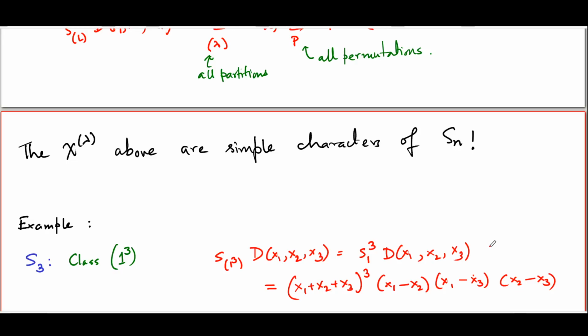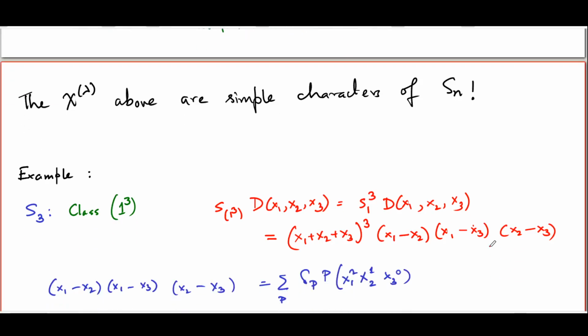So let us now work this out step by step and do it in some amount of detail. First, what is this quantity (x1 minus x2) into (x1 minus x3) into (x2 minus x3)? It is d of x1, x2, x3, according to our notation.